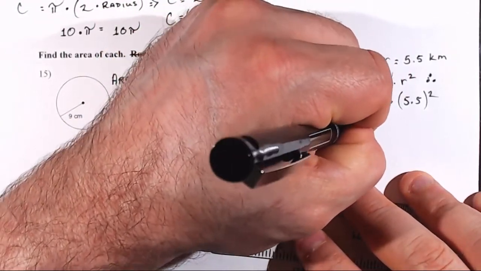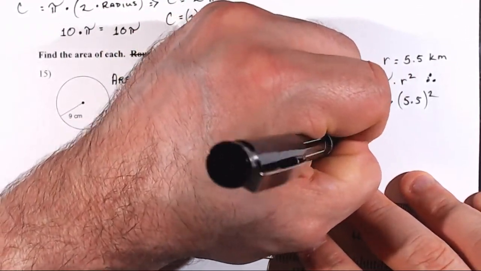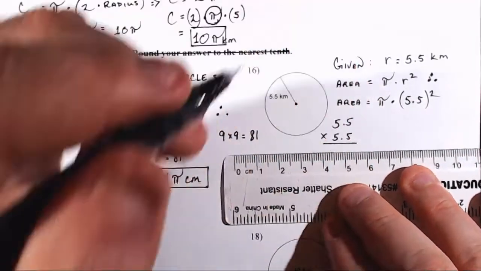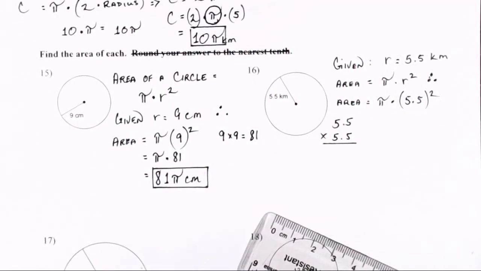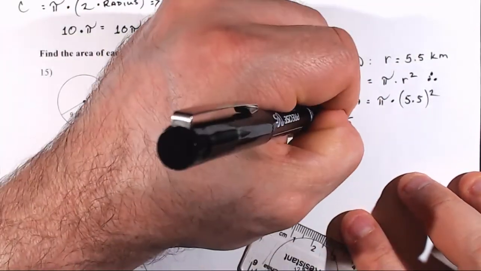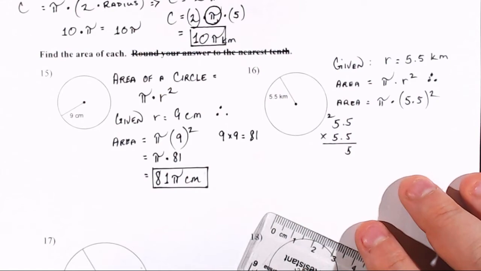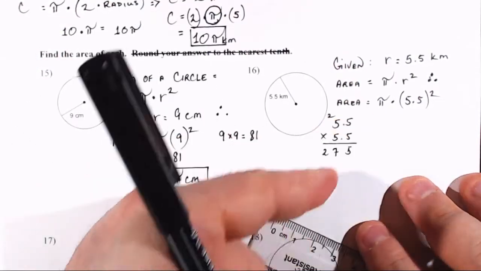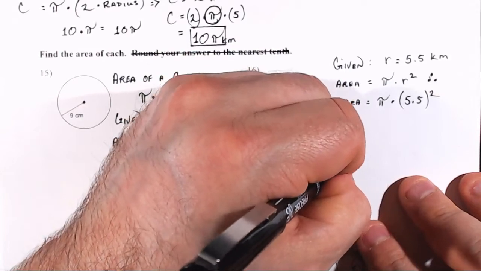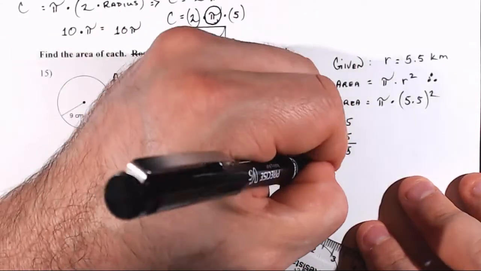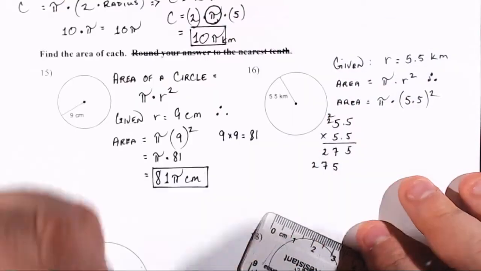And so what it's basically telling us we got to do is we have to multiply 5.5 times 5.5. So it's a little multiplication problem we got to do. And we're going to do it without a calculator. So 5 times 5 is 25. Carry the 2. 5 times 5 is 25, 26, 27.